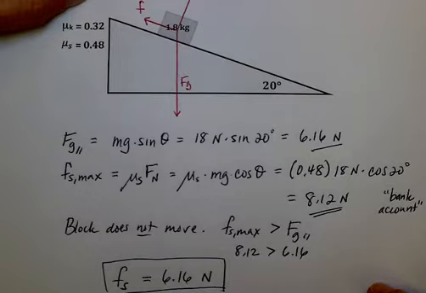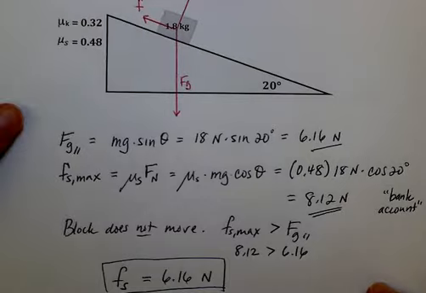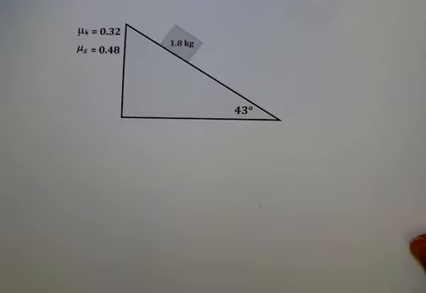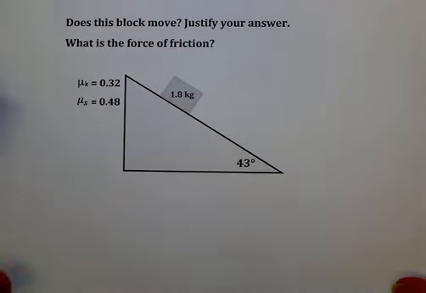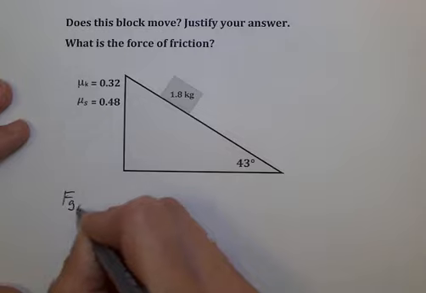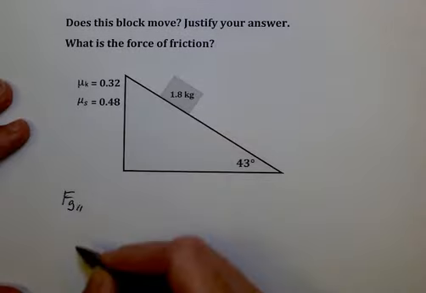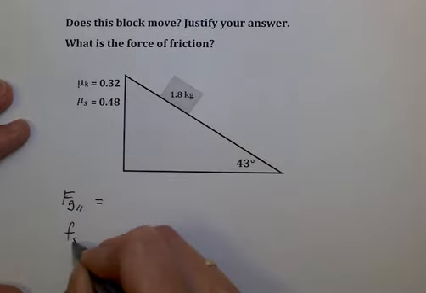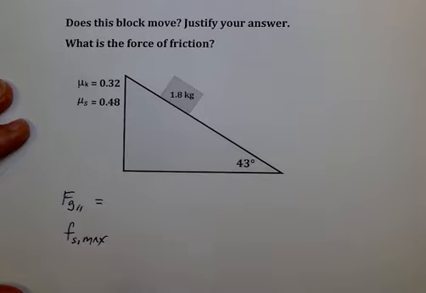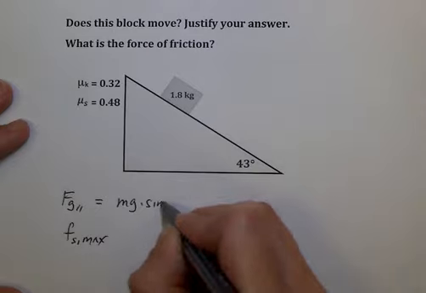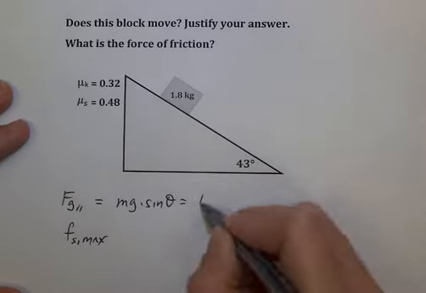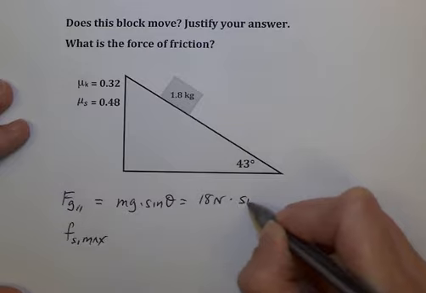Now let's take a look at a similar question, but that has different values to it. Okay, in the same way, I need to look at the key numbers, the force that's pulling the object down the incline, and the maximum value of static friction. So this would be mg sine of theta, or 18 newtons, times the sine of 43 degrees.